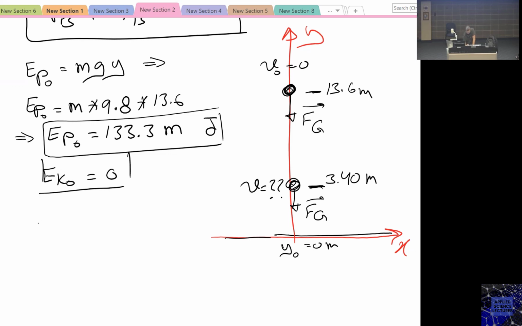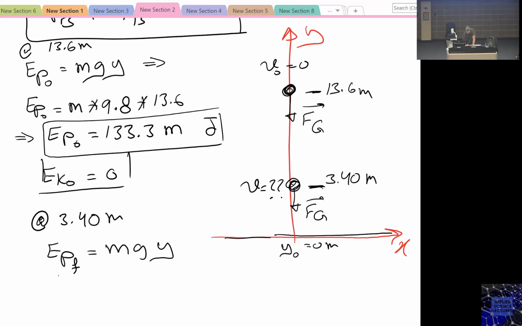The next point, so here is at 13.6 meter, here at 3.4 meter, I have EPF equals mgy. EPF, I don't know m, I know g, I know y.